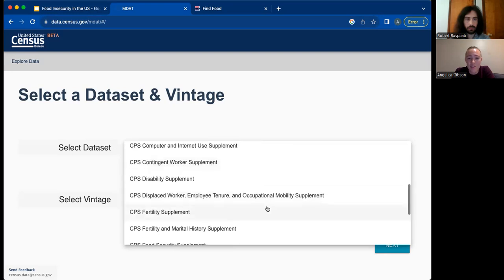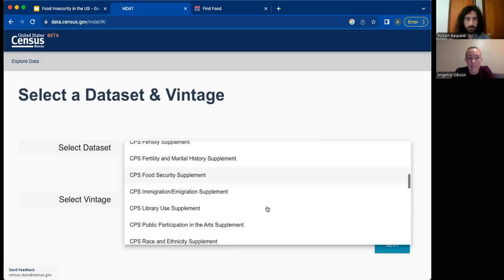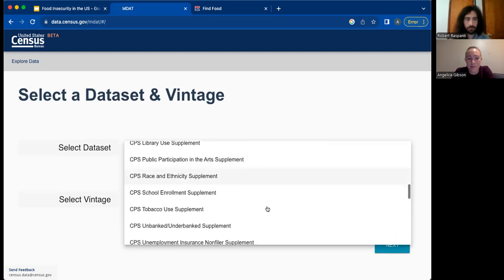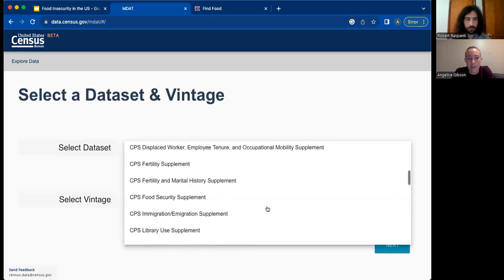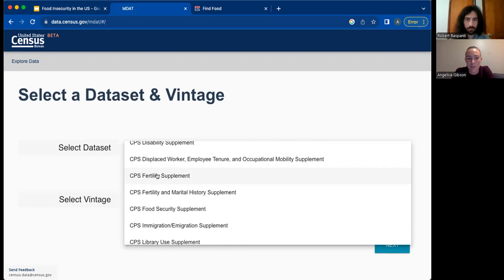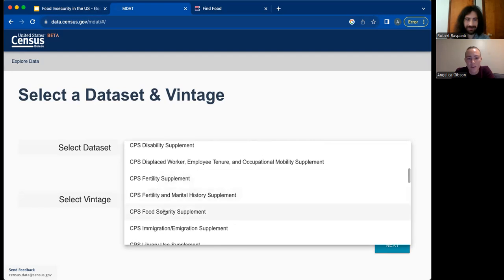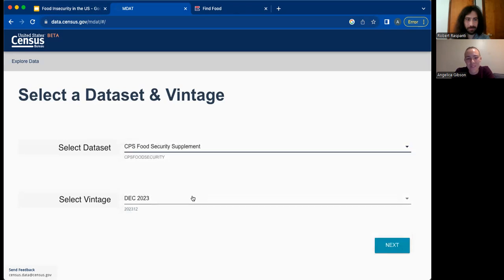Even just scrolling through here, you can see so many different types of information and data. But what we actually care about here is this food, not the fertility, the food security supplement. So when you go to data set, you want to click that one. Luckily, it's the only one that has food security in it, so it's pretty obvious. And CPS stands for the Current Population Survey.